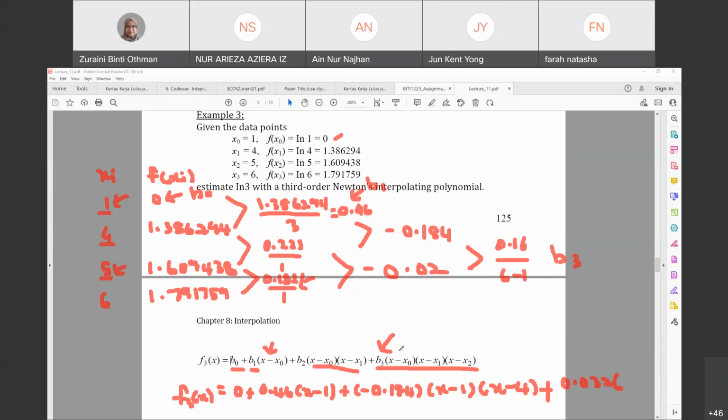Yang dalam ni letaklah yang ni, which is X tolak 1, lagi X tolak 4, dan lagi satu ialah X tolak 5. Okay, so kita dapat yang ni.